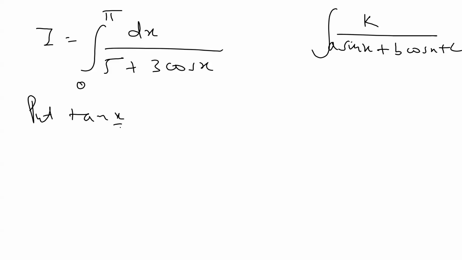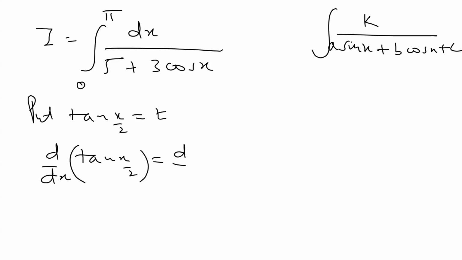Put tan x by 2 equal to t. D by dx of tan x by 2 equals d by dx of t. Sec square x by 2 into d by dx of x by 2, chain rule, dt by dx.